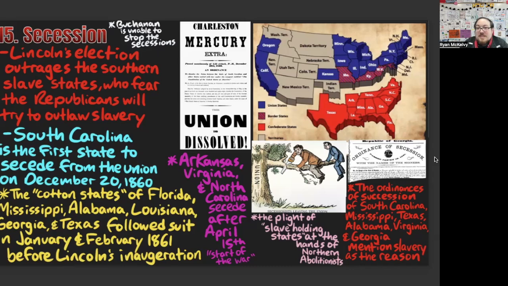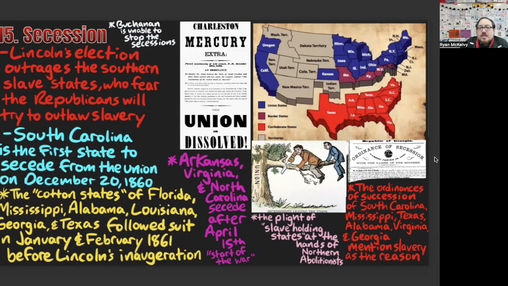South Carolina, Mississippi, Texas, Alabama, Virginia, and Georgia mention slavery. South Carolina says we are leaving to preserve the noble institution of slavery. The future vice president says that the cornerstone of the Confederacy is slavery, and that God has decided it to be such.